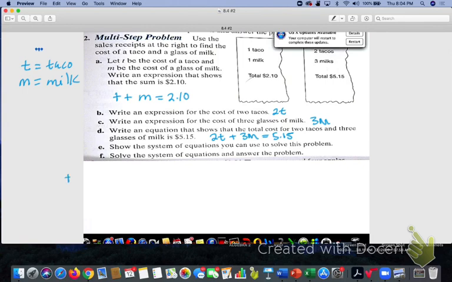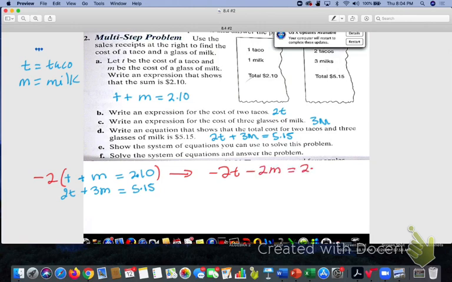So we end up with T plus M equals 2.10, and then we also end up with 2T plus 3M equals $5.15. So again, I'm going to remind you, I think I might multiply this by negative 2. Makes things really easy. Negative 2T minus 2M equals negative $4.20.